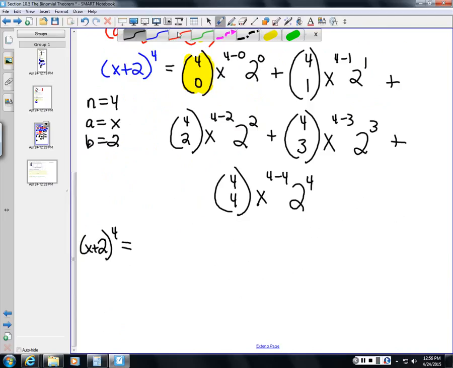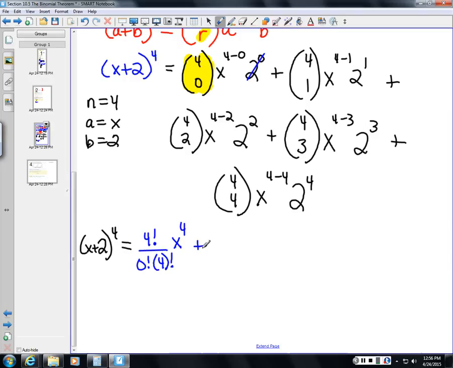So for the first one here, this one's going to be 4 factorial over 0 factorial times 4 factorial. And this will be x to the 4th, and of course 2 to the 0 power is just 1, so it kind of disappears.